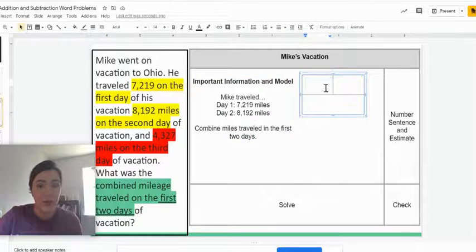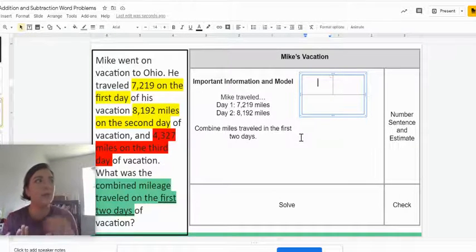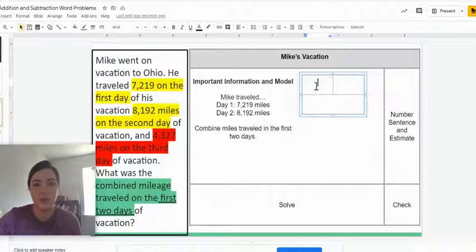Okay, now I know that combine usually tells us that we're putting something together. Like if we're combining ingredients, we're adding them all into a bowl. Or combining cereal, we have to combine the milk and the cereal to get our actual breakfast. So I know that the parts go up here in the model for addition. We're adding, we're combining.